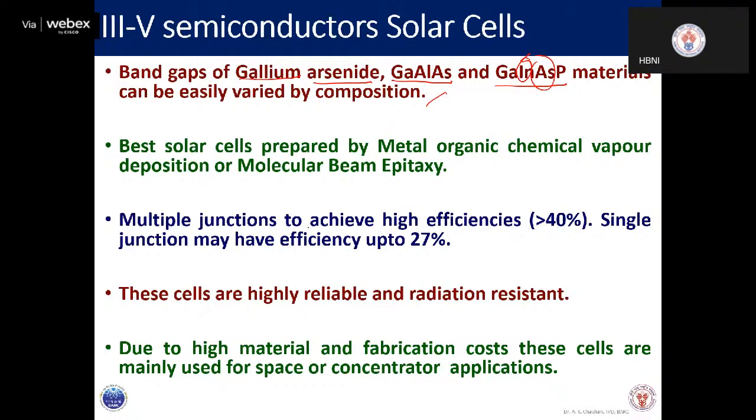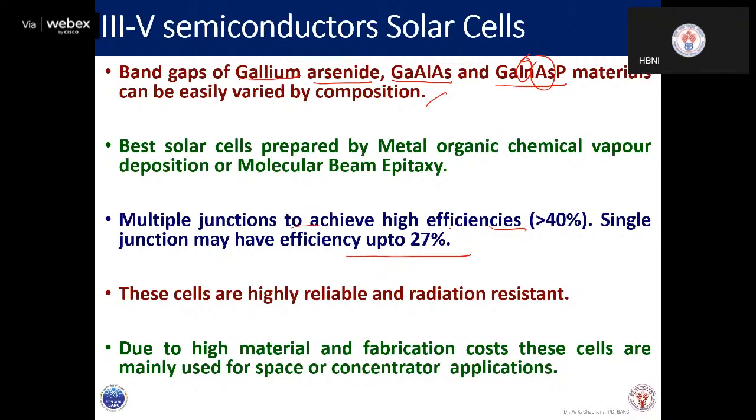So multiple junctions are made in order to improve the efficiency. As I showed earlier, single junctions have an efficiency of nearly 27%. But if you have more and more junctions, you can get more efficiency.